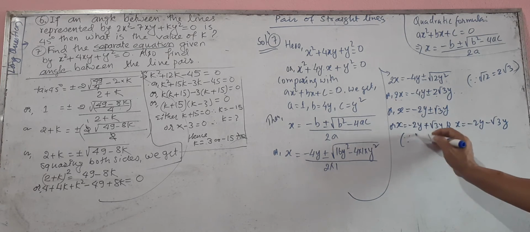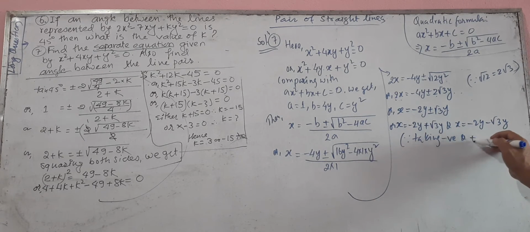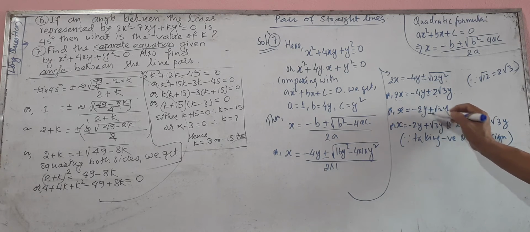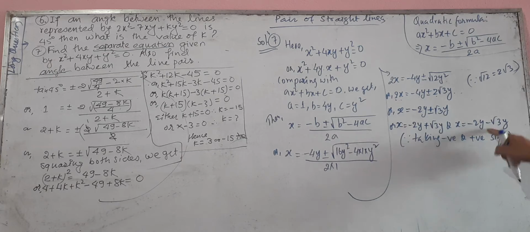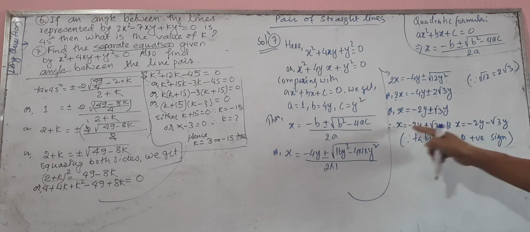What we have done here is take the positive and negative signs, one plus sign and another minus sign. These are the two separate equations.